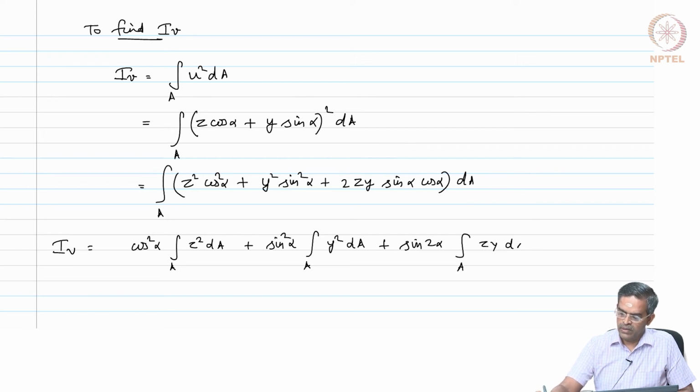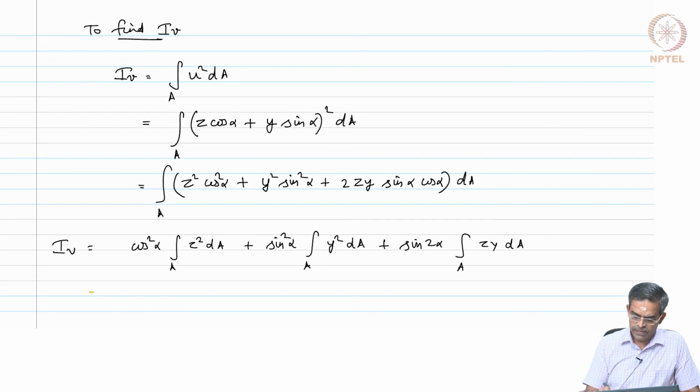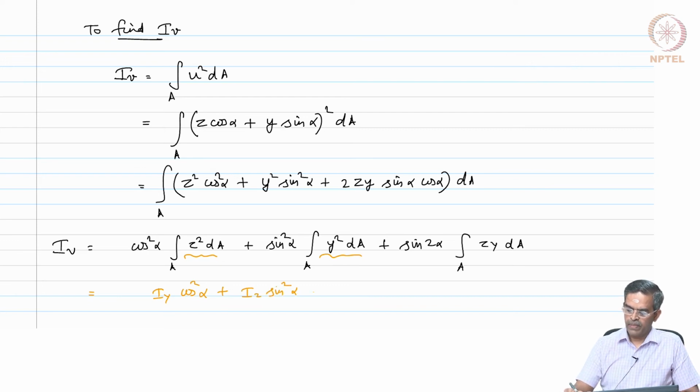I think there is no confusion in writing this expression. Now, I can write this as Iy cos square alpha, since z square dA is Iy, plus Iz sin square alpha, since y square dA is Iz, plus Izy sin 2 alpha. This is Iv, is it not?